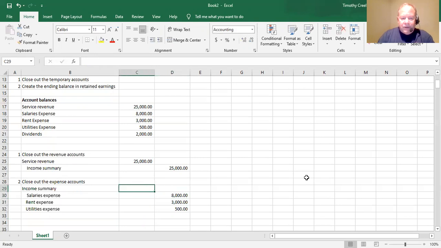And so our total to income summary is going to be $11,500. So we've now closed out all of the expense accounts to income summary.